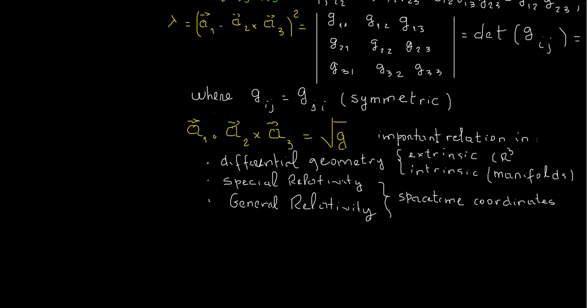See? Intrinsic manifold, just use both. I could write for R3 and R4, the space-time. That's why I put special relativity, general relativity. I use in R4. The coordinates are the CT, the time, X, Y, and Z. That's why I have this. Okay? So, that's a very important now.